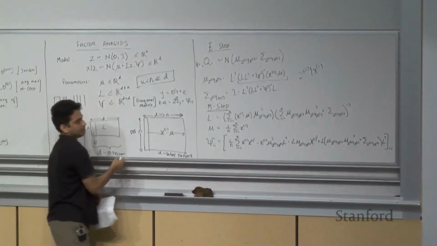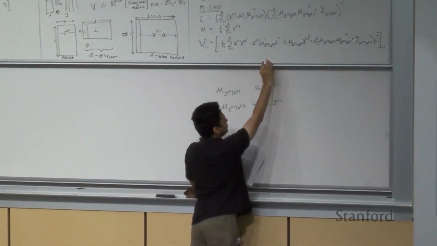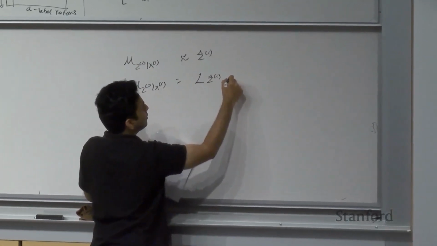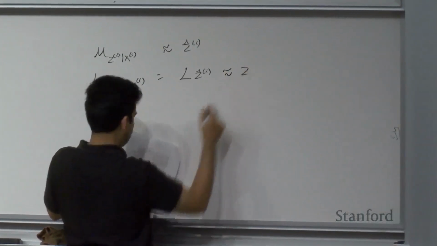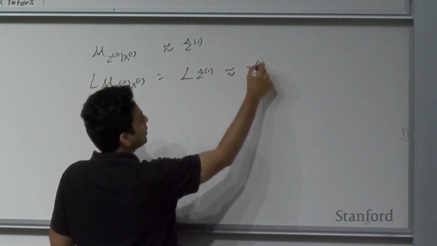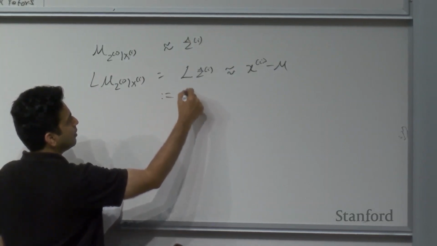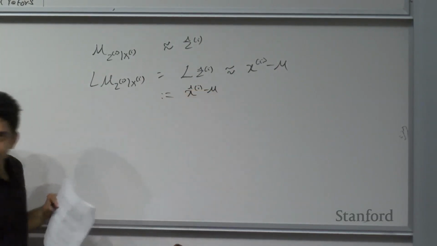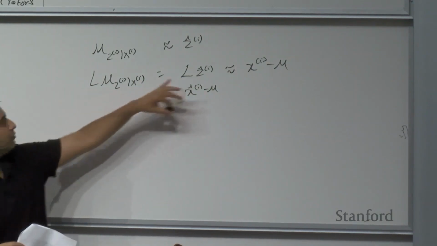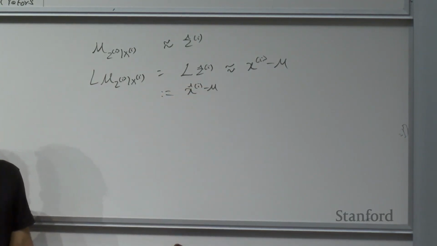So L times z_i, think of this as our best estimate of x_i minus mu, and therefore we will call this x hat i minus mu. So L of mu of z_i given x_i is just L of z hat i, and that's the same as x hat i minus mu.